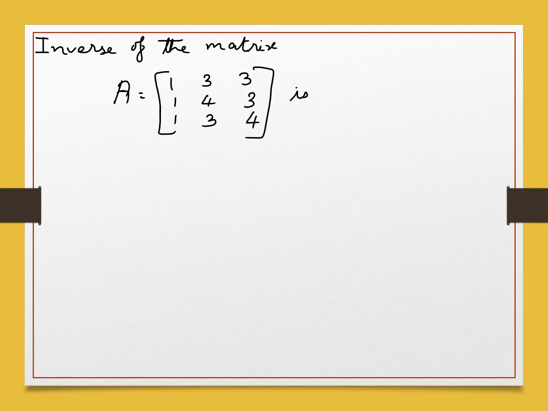Similarly, the inverse of the matrix has to be found in this question. The matrix is given as A equal to 1, 3, 3, 1, 4, 3, 1, 3, 4.